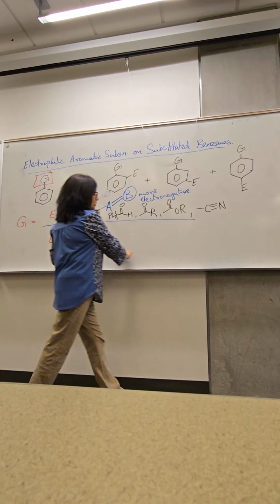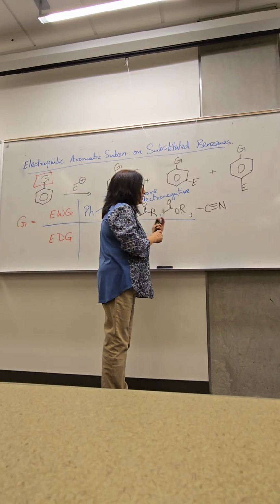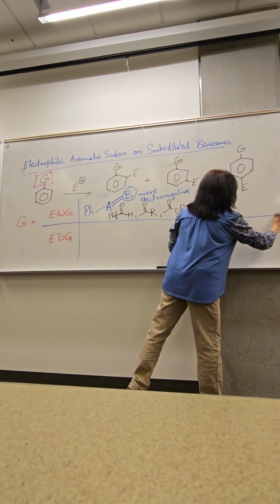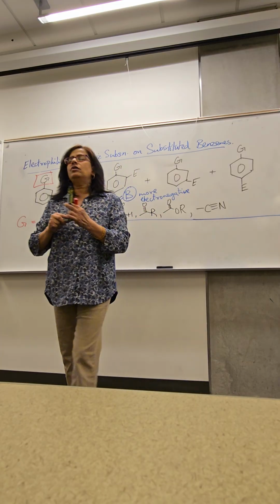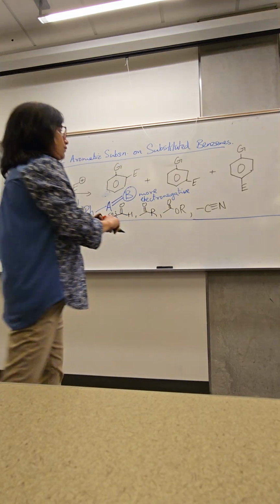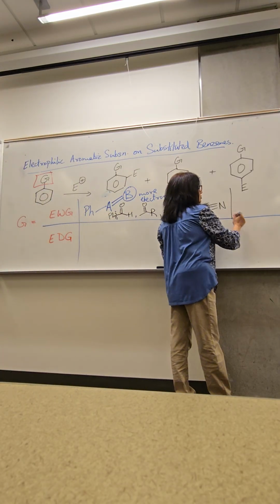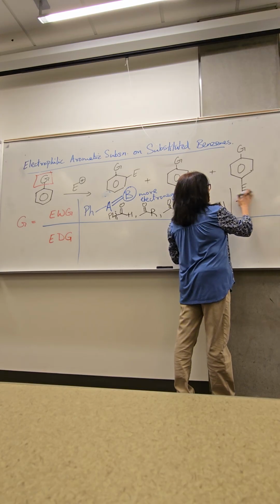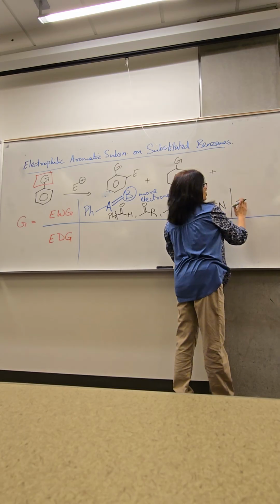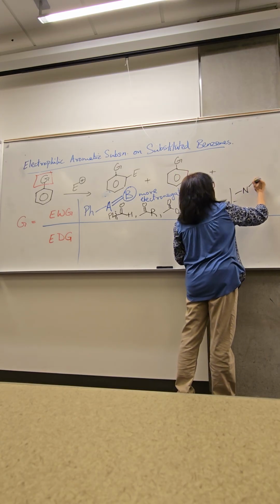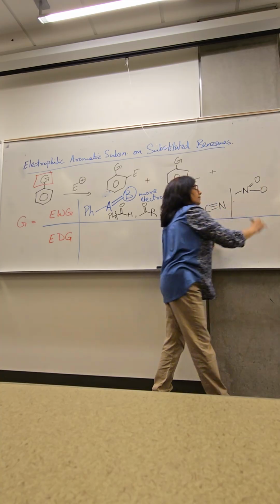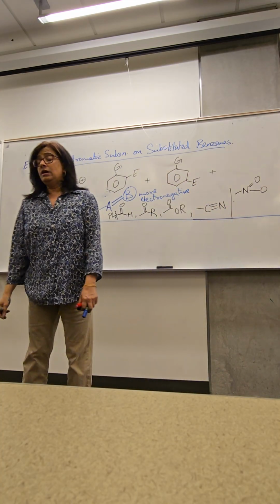The most electron withdrawing groups of all, as we mentioned before, are nitros. Again, if you look at the structure of nitro, same thing.